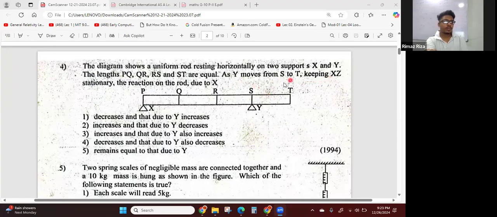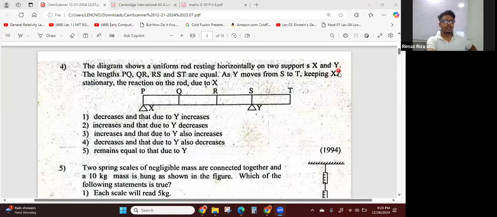As Y moves from S to P, keeping X stationary. Okay, I think we are only keeping X stationary.